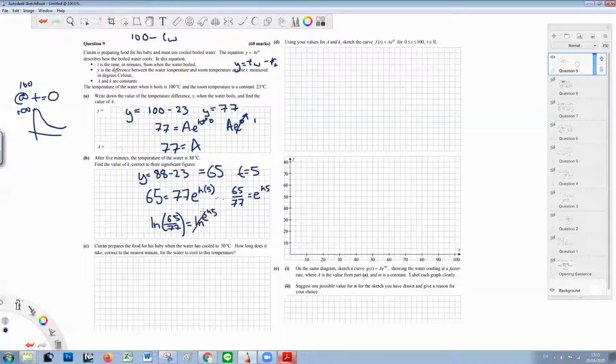And this again becomes 1, so you're left with ln of 65 over 77 is equal to 5k. And your value for k then is going to be minus 0.0339.